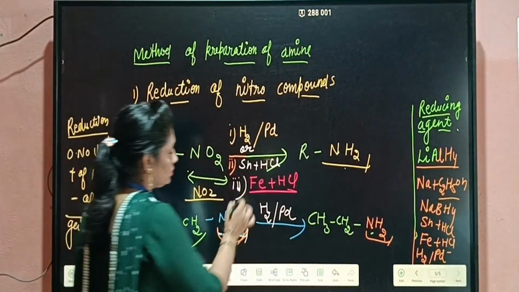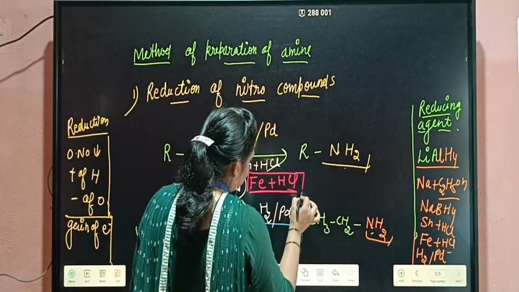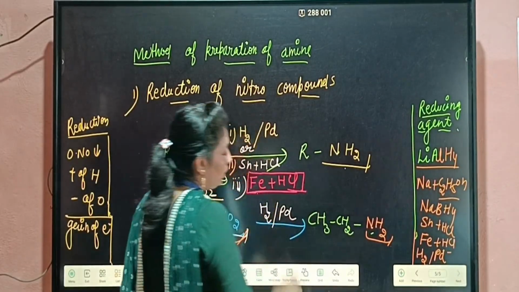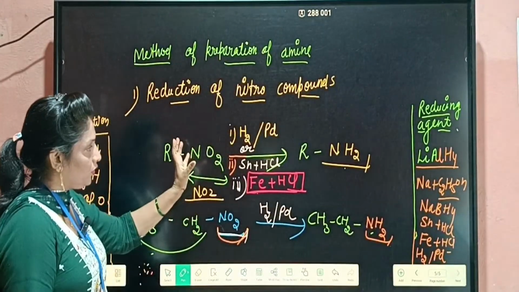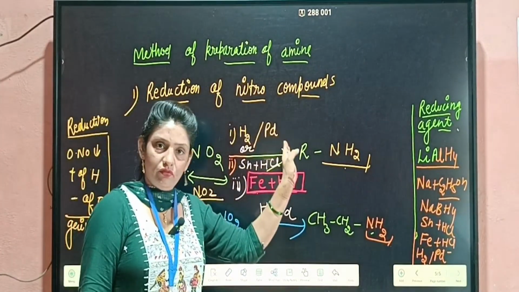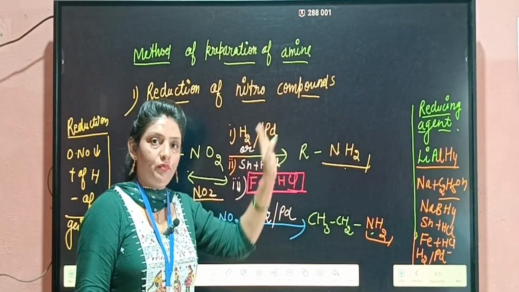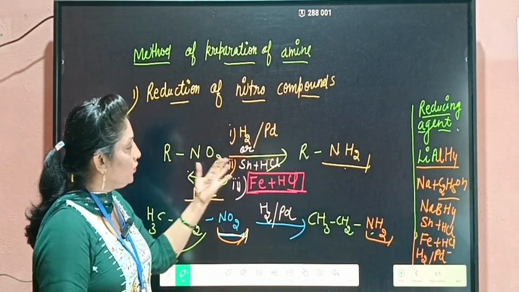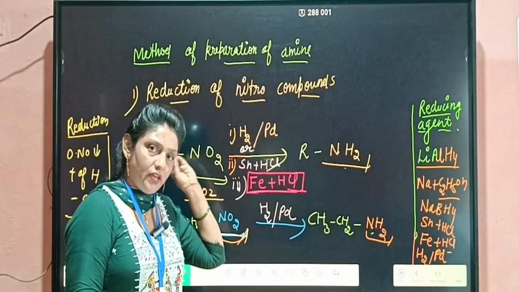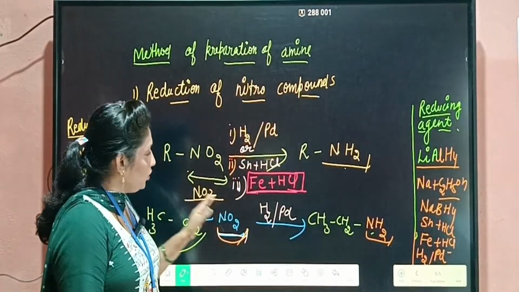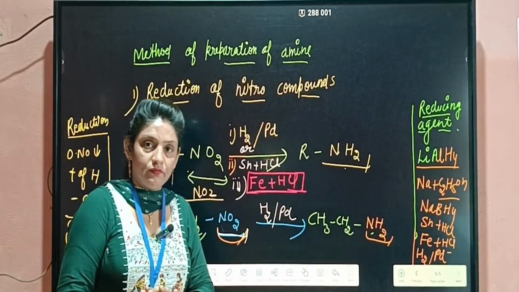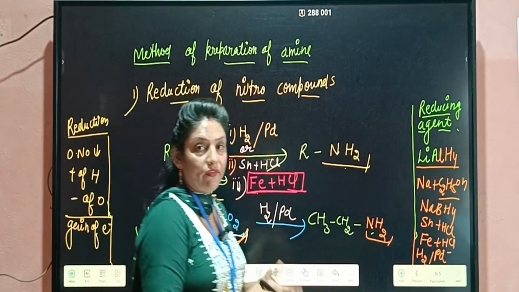One important question from here: you can do reduction of nitro either in presence of hydrogen palladium or in presence of Sn plus HCl, or Fe plus HCl. Same work you can do with any of these. But which one is most preferred?